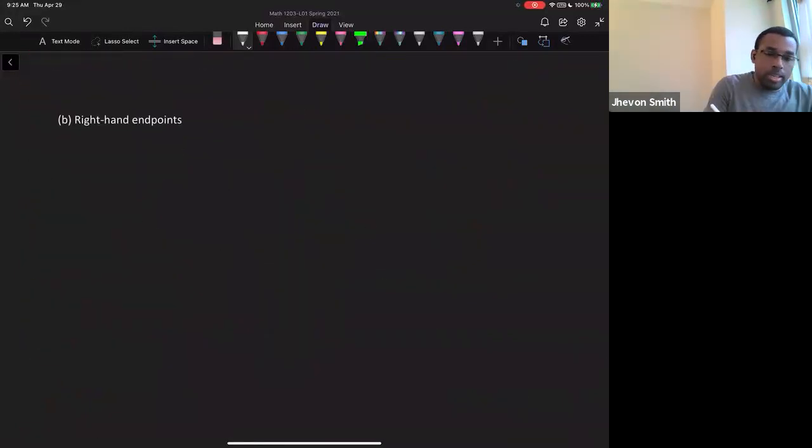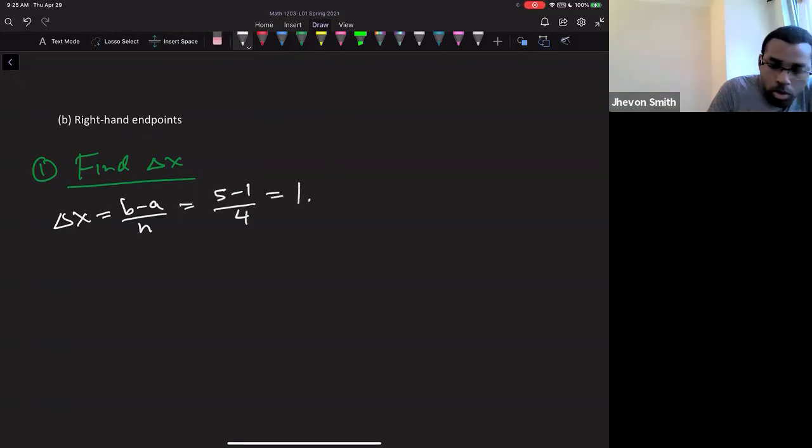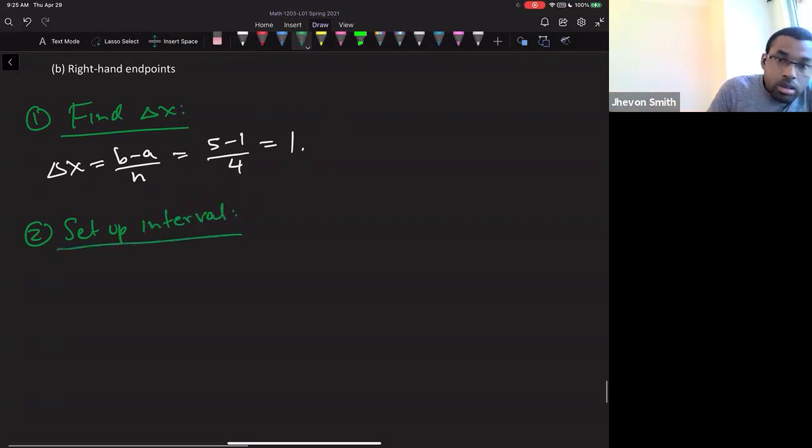Let's go through it. So again, find delta x. Here again, delta x equals b minus a over n. This is going to be 5 minus 1 over 4. This is going to be 1. Cool. Then you're going to go up to setup interval. Right?